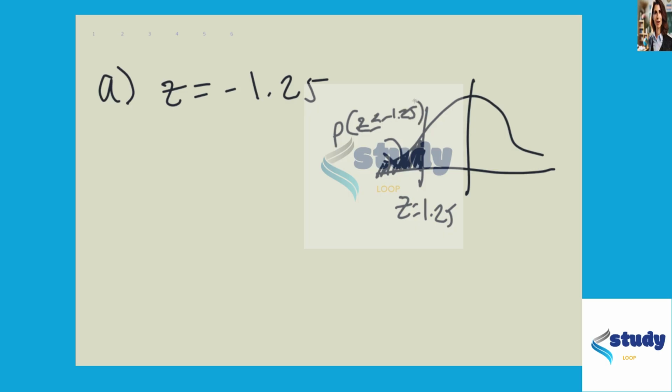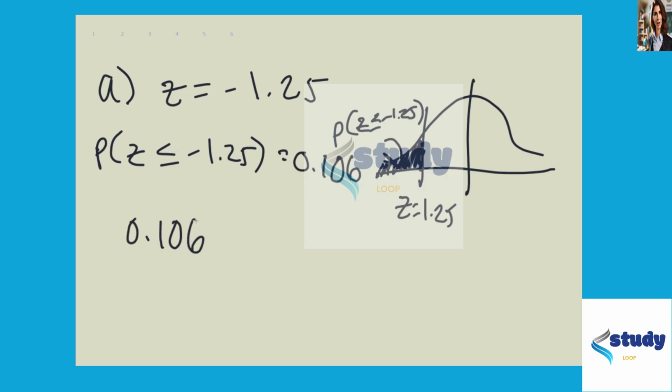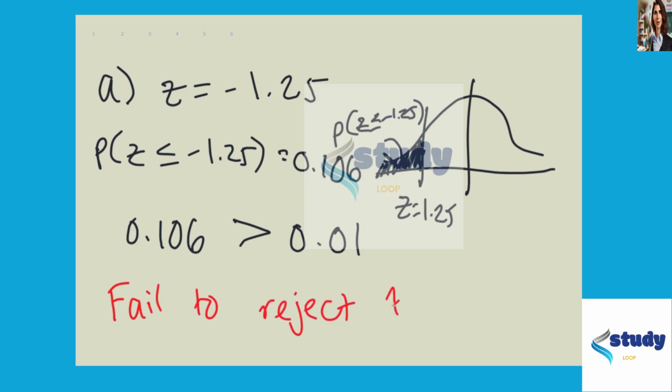And we get a p-value of 0.106. Because we have a p-value of 0.106, we're going to compare it to an alpha of 0.01. 0.106 is much greater than 0.01, so we fail to reject the null.